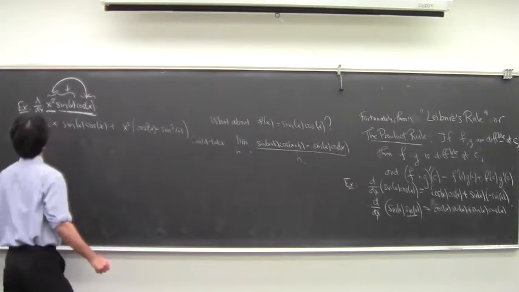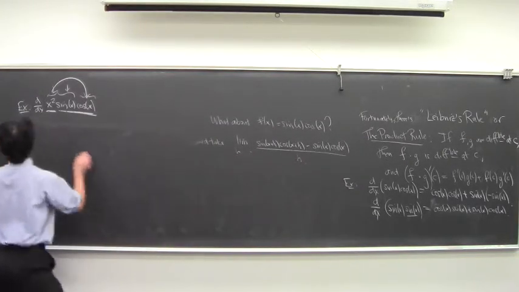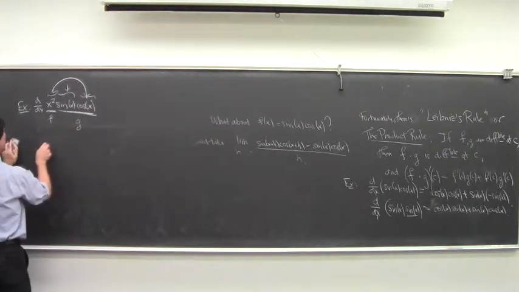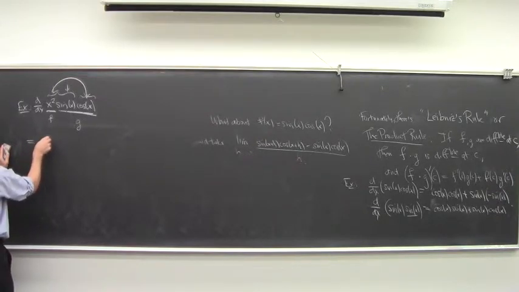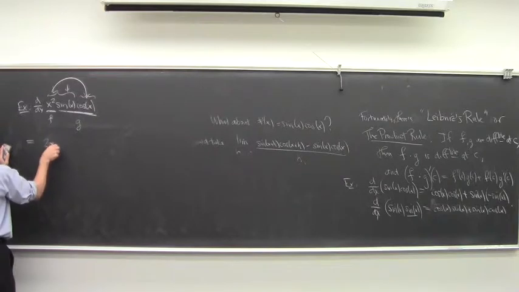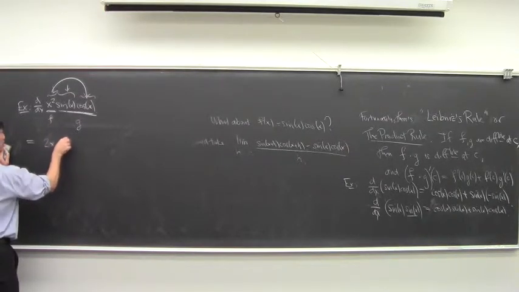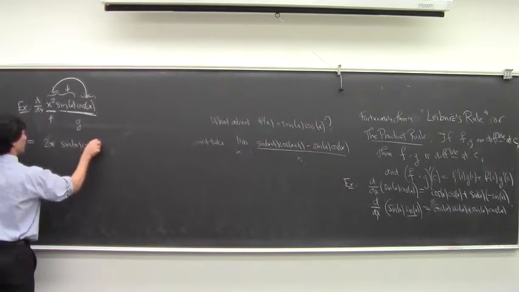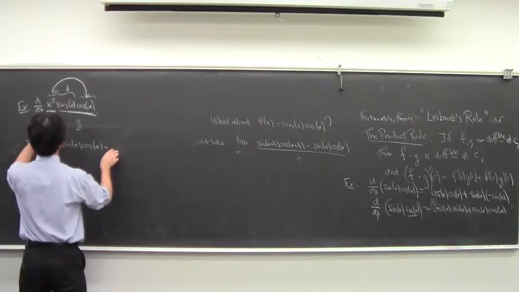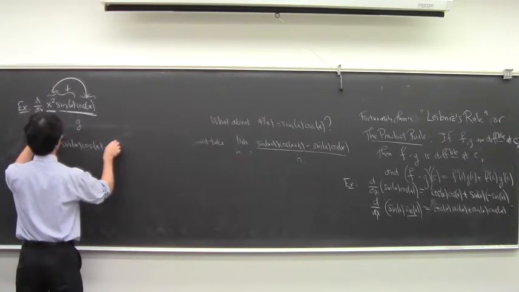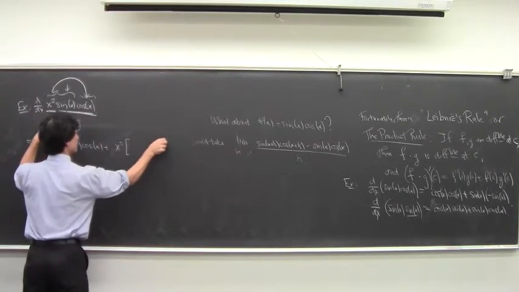So this is our f and this is our g. The derivative is going to be the derivative of the first guy times the second guy plus the first guy, x squared, times the derivative of the second guy.